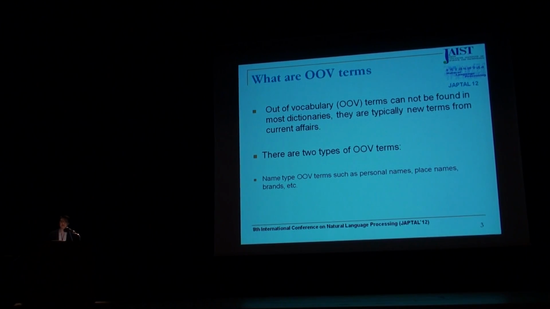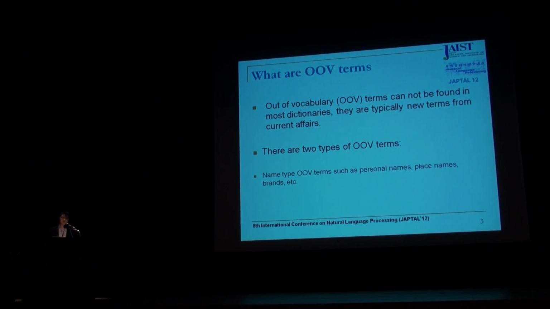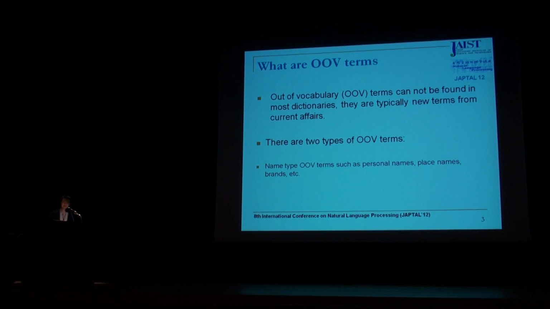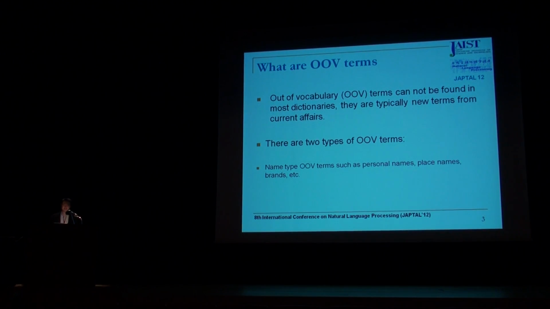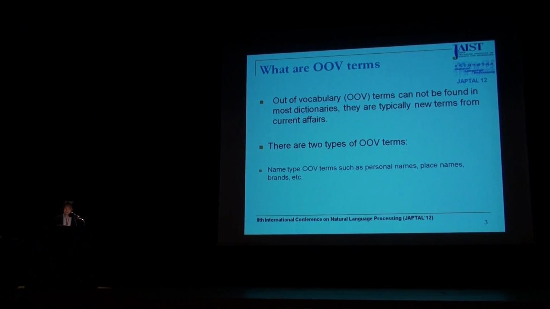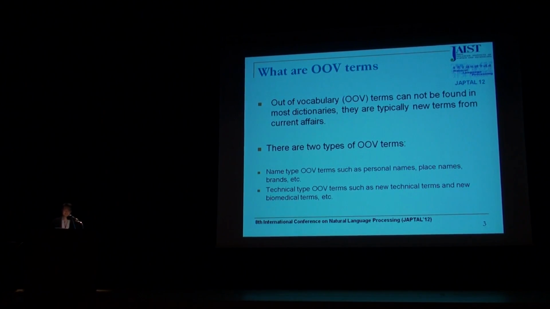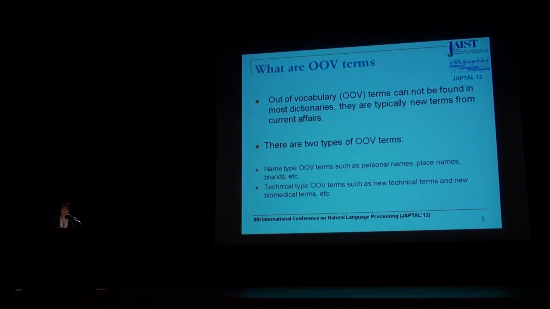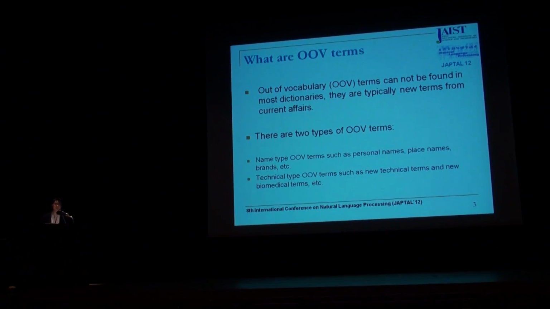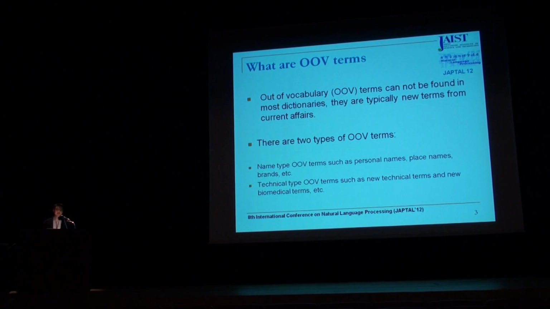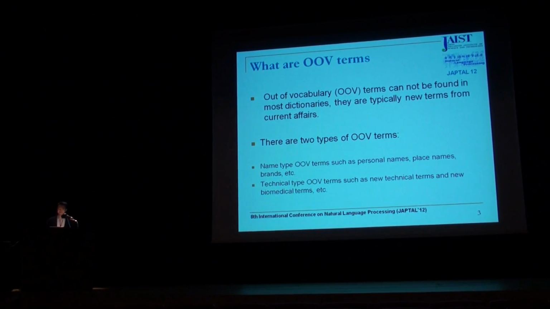One is very commonly used in newspapers, articles, and daily events. We call it name type OOV terms, such as personal names, place names, and brands. The second type is technical type OOV terms. They are usually the technical terms of some new knowledge, some new disease, or some new medicines.